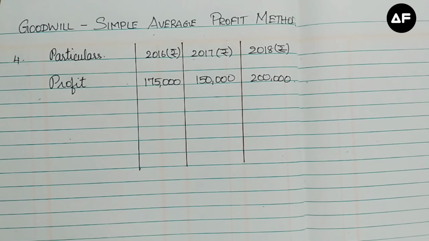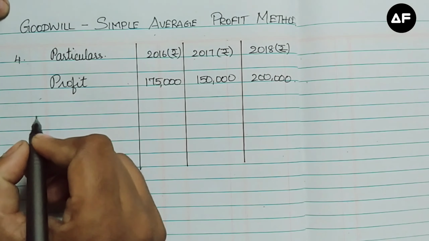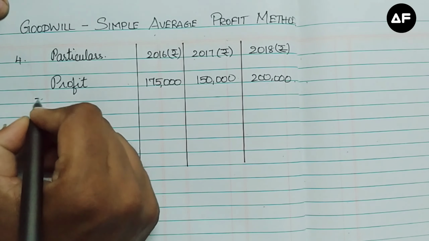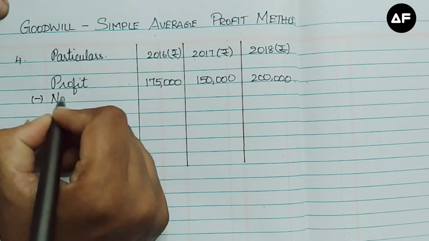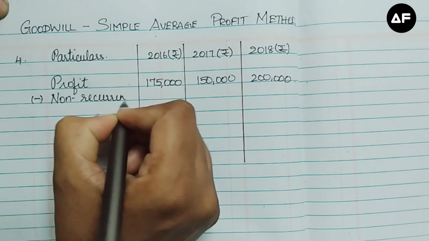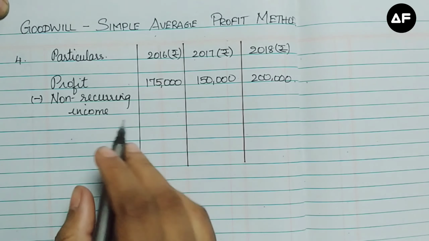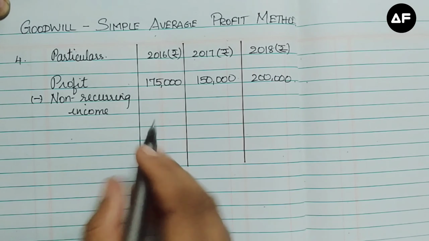Second point, a non-recurring income of 45,000 is included in the profits for the year 2016. So a non-recurring income has to be subtracted. So less non-recurring income. It is being subtracted from the year 2016.